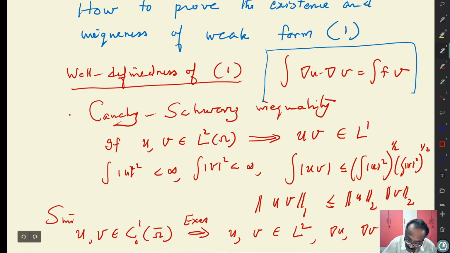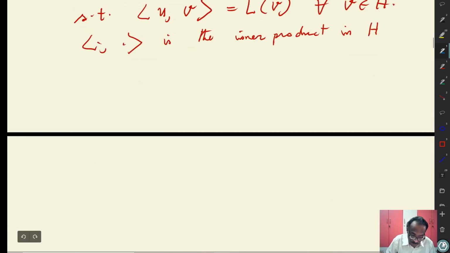If you introduce an inner product like this, and if this happens to be a bounded linear functional, then you will get existence of U. So that's what we are going to do.